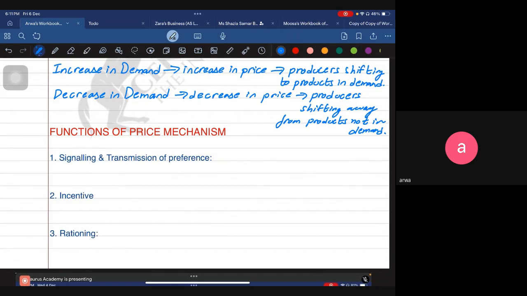So price is basically acting as a signal for producer and consumer. So it's not only for the producer but for the consumer as well. If they want to purchase more or if they should shift to a cheaper product, basically. Exactly.